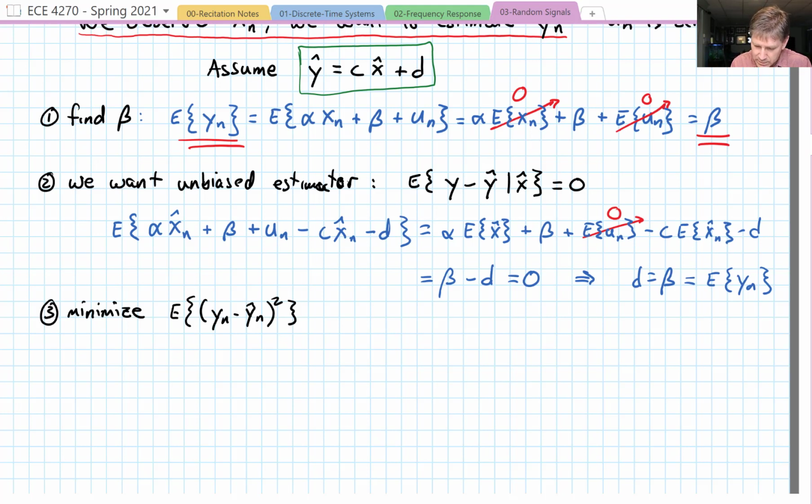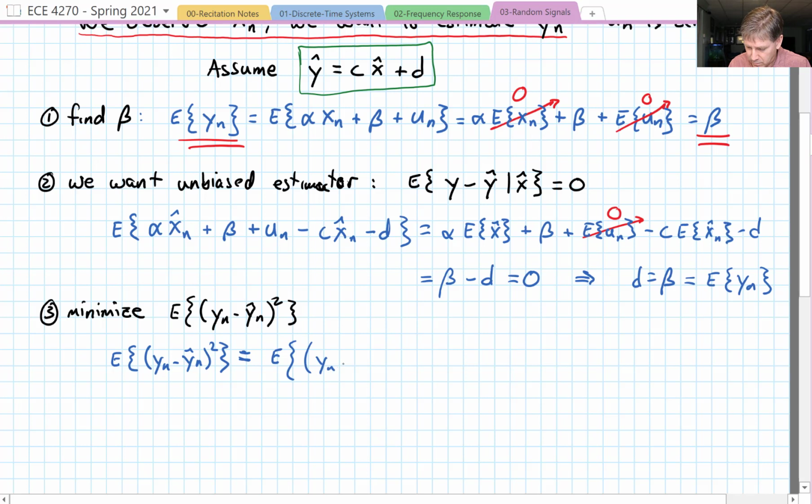Okay, so this is equal to the expected value of y minus cx[n] plus d, squared.